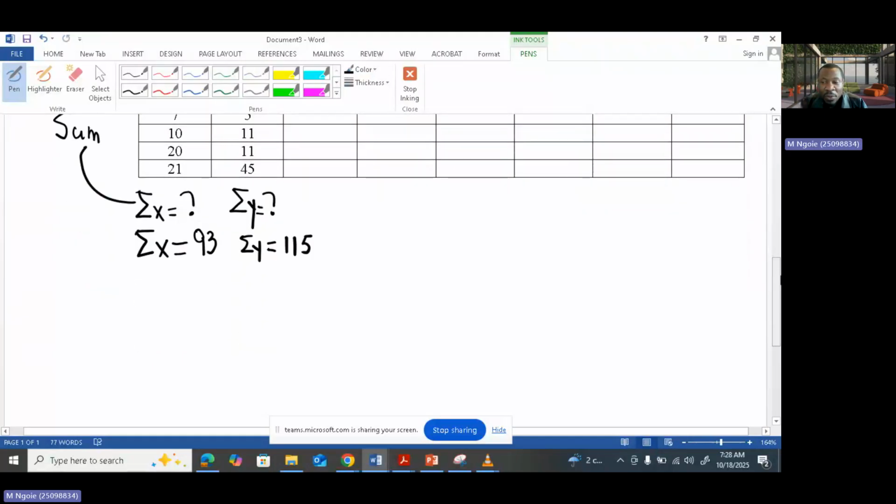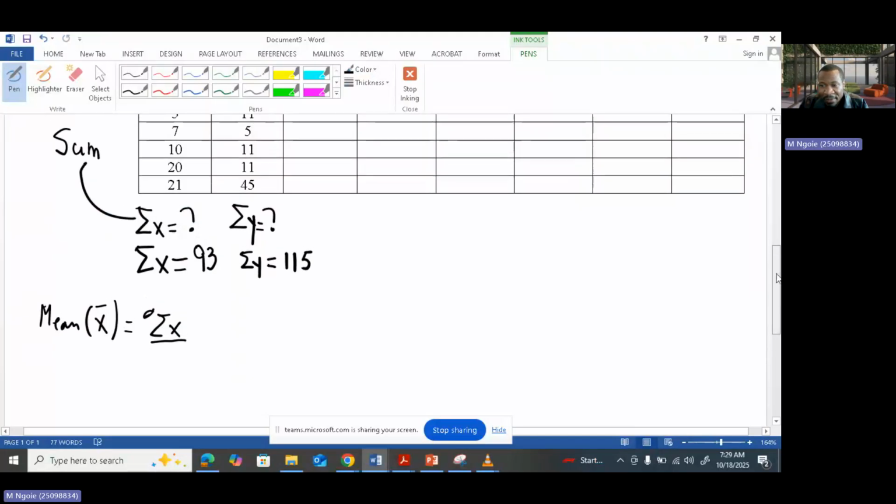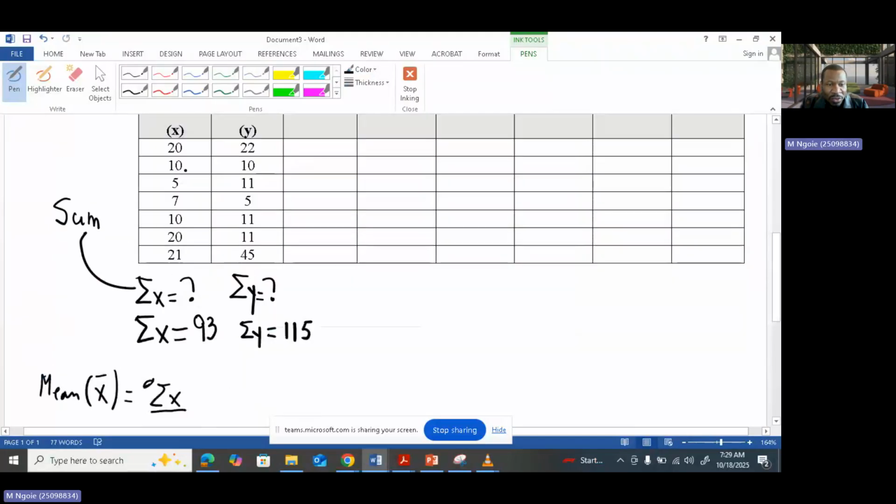Now, knowing this, we're going to try to get the average, the mean for x. What is the average for the Johannesburg column? The formula is sum of x divided by the number of accounts, how many they are. See here, how many accounts? 1, 2, 3, 4, 5, 6, 7.